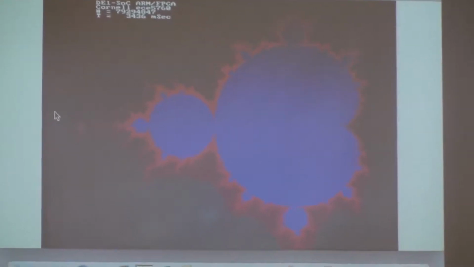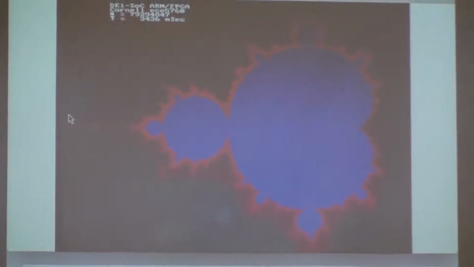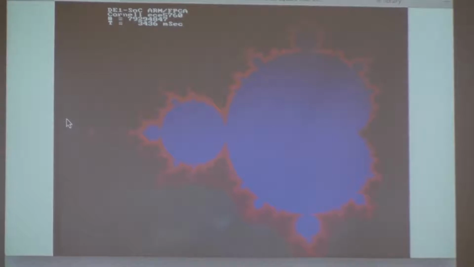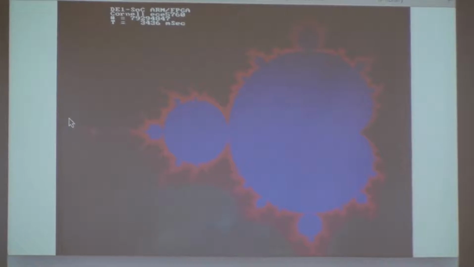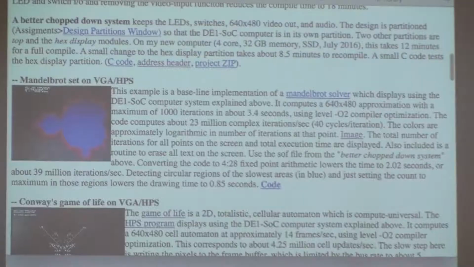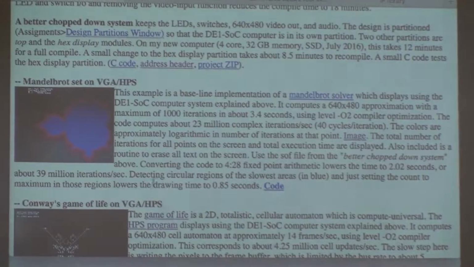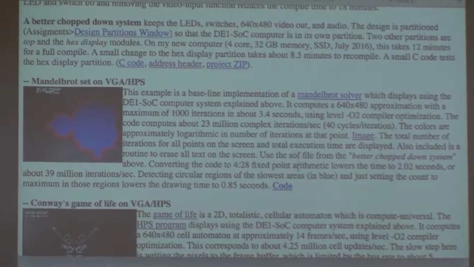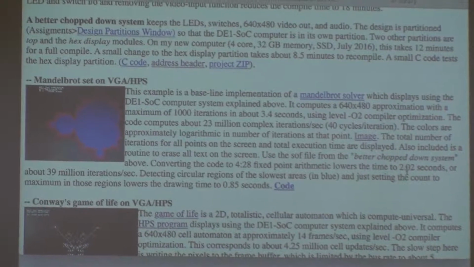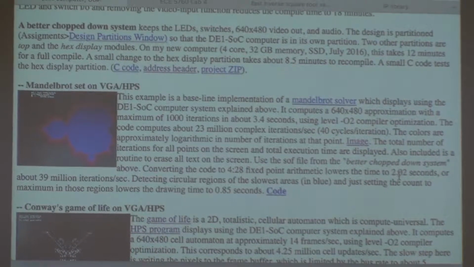So the time to beat is the time I could make this thing execute on one HPS. I managed to get it down by going to fixed point arithmetic, down to 2.02 seconds, 4.28 fixed point.